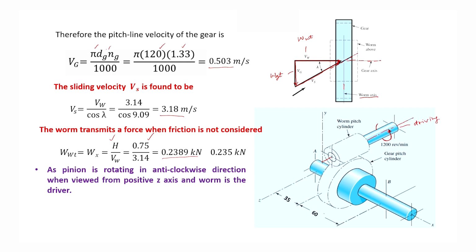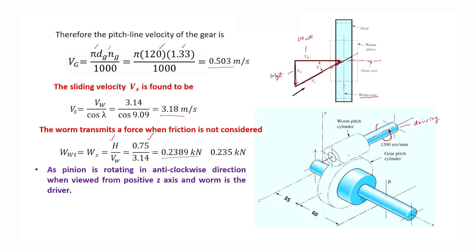And so, the transmitted load on this driving member will be in the direction opposite to its direction of rotation. So, at the point of contact, where these two pitch cylinders are in contact, that will be called the pitch point.